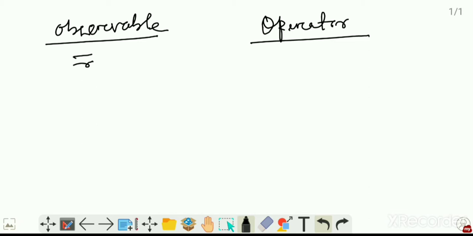Position: the operator is r cap. Momentum: p cap is equal to minus i h cut, gradient.